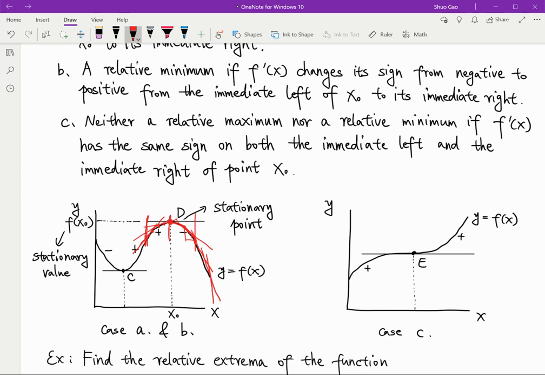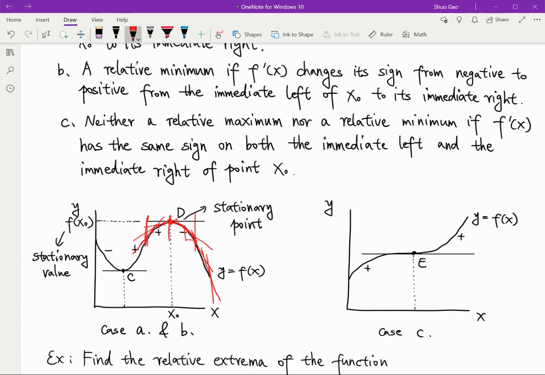Because it's reaching the peak of the mountain. So everything to the left has positive slope, everything to the right has negative slope.